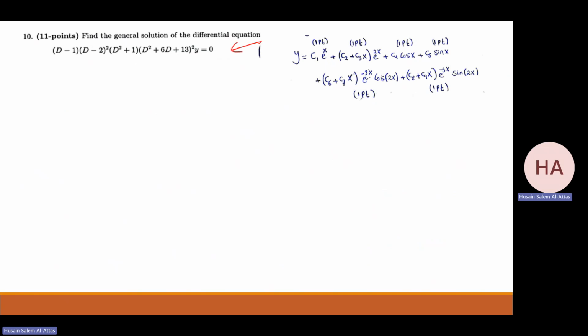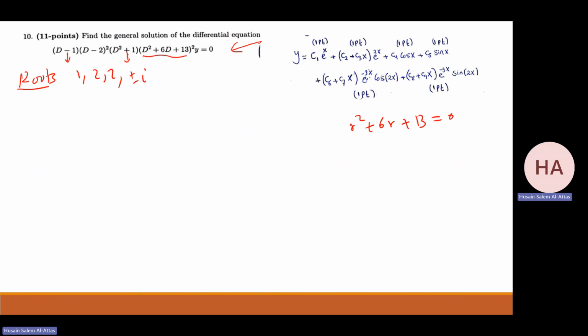It's written in terms of operators. So I need the roots. Here I have 1, 2, 2. Here I have plus or minus i. Here, let me do it. I have r squared plus 6r plus 13 equals 0.